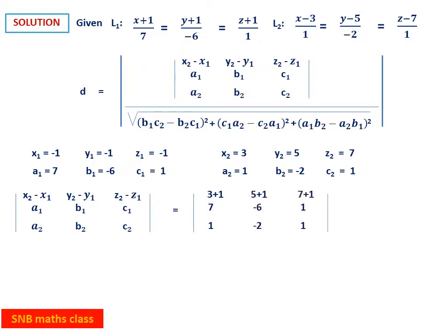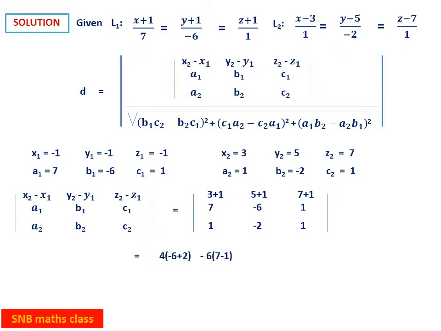Substitute first. So we get this determinant: 3 plus 1, 5 plus 1, 7 plus 1 in the first row, because x2 minus x1 means 3 minus minus 1. Similarly, y2 minus y1 means 5 minus minus 1. The second row is a1, b1, c1 which is 7, minus 6, 1, and a2, b2, c2 which is 1, minus 2, 1. You know how to expand the determinant, therefore you can find it.